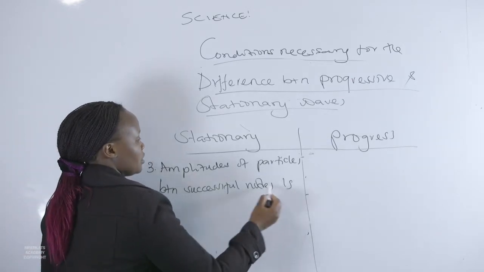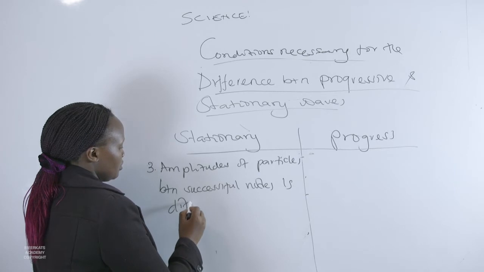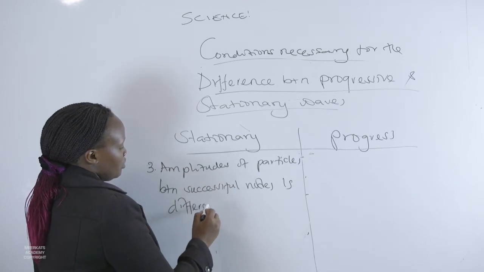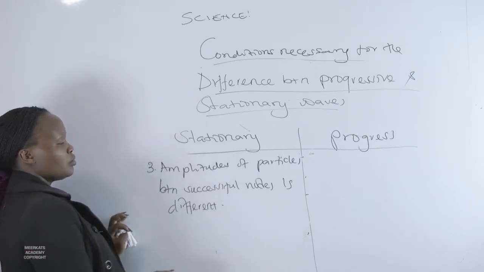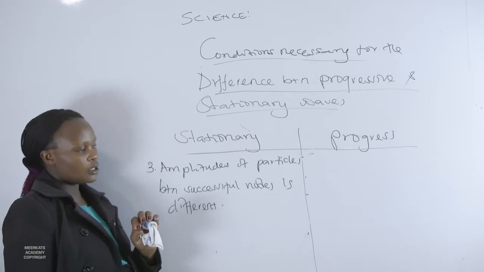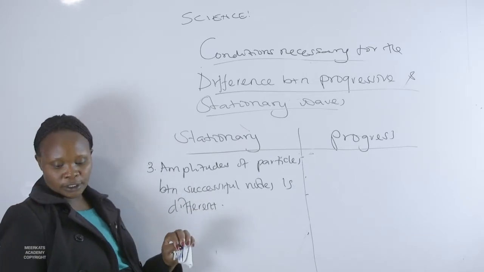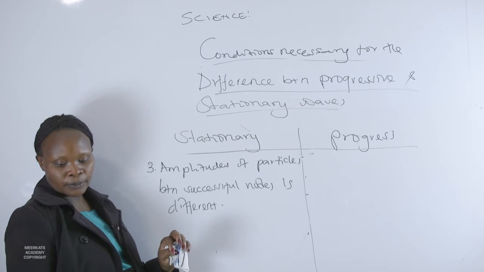The amplitude of particles between successive nodes is different. How about the progressive?